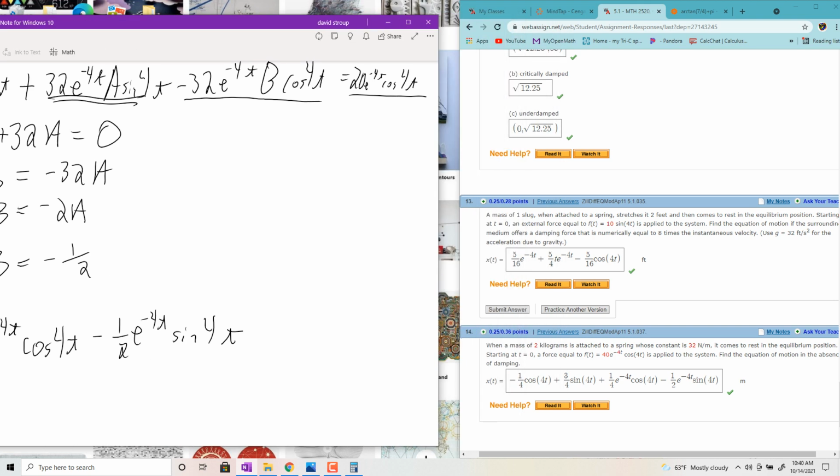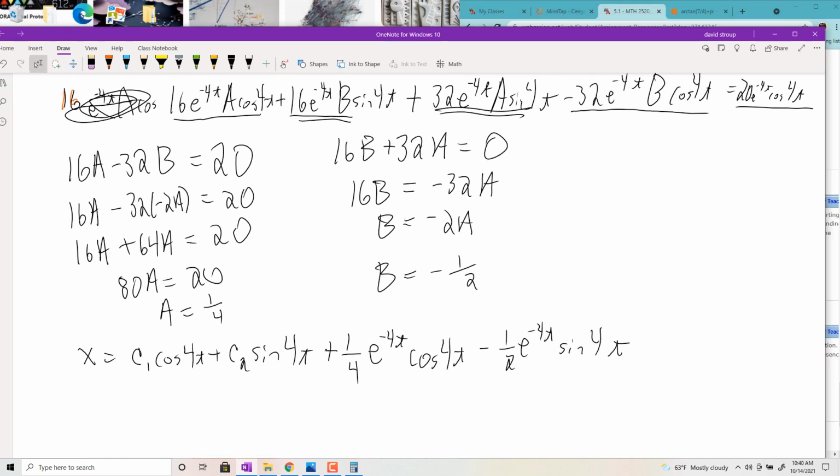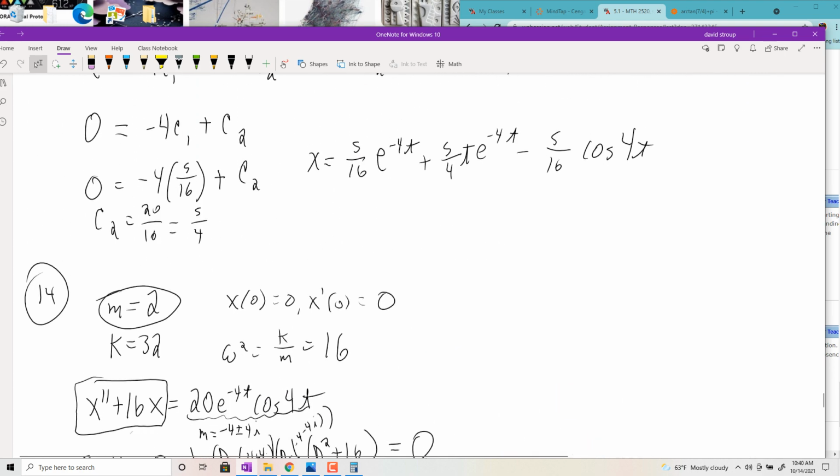The constants on the cosine and sine. You got to go back to your initial conditions then.